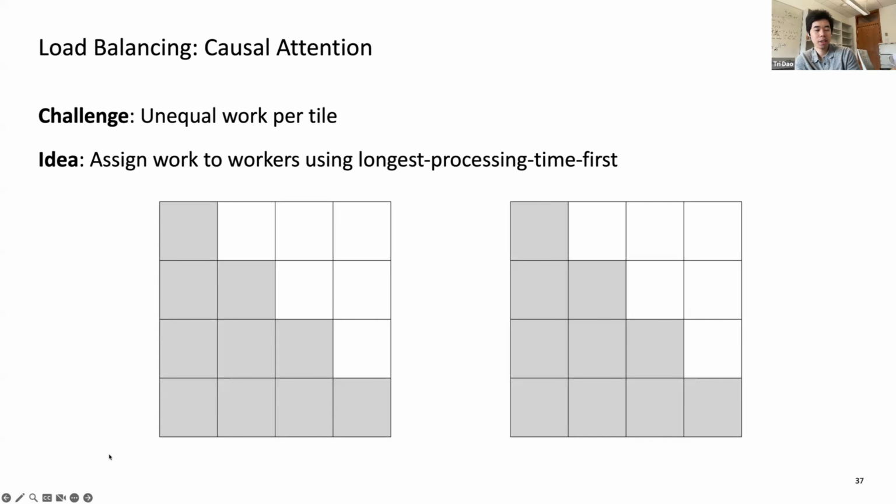Now we're going to assign the work tiles from longest first. Let's say two workers show up, 1 and 2, they get assigned these long work tiles. Then worker 3 shows up and is assigned this next work tile. Each of them will work on their work tile until one of them finishes. If number 3 finishes, it gets assigned the next longest work tile. And we just keep going.